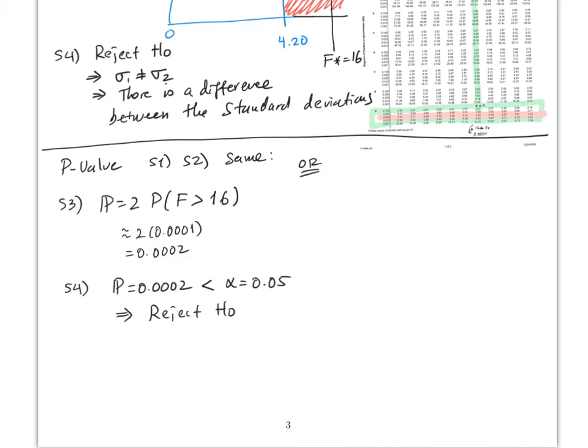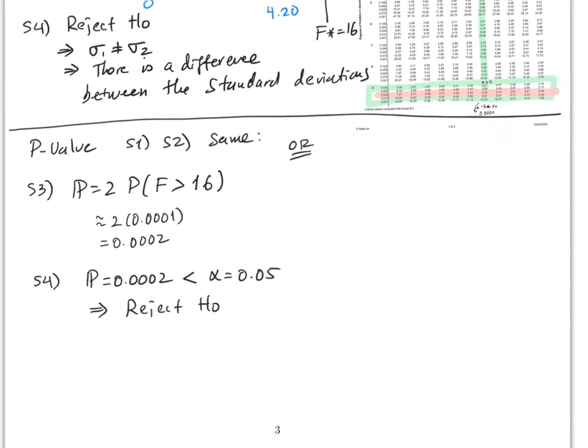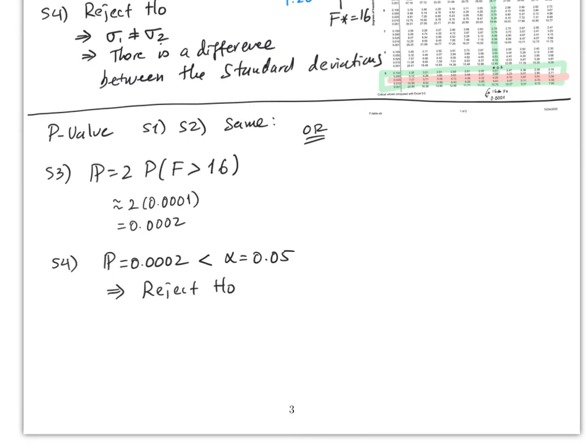Or if you have a TI-83 or 84, the p-value is going to be twice the probability that F is greater than 16, so that cannot change. This will be 2 times FCDF of 16. The upper bound will be 1000. The degrees of freedom for the numerator was 7. The denominator was 9.